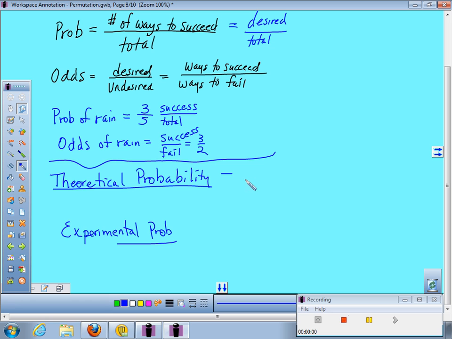When you do theoretical probability, you're calculating it using known formulas. We know how to calculate these things. Mathematically, this is what the probability should be. We know that's what's supposed to happen. Is that always what happens? Nope. Not necessarily.